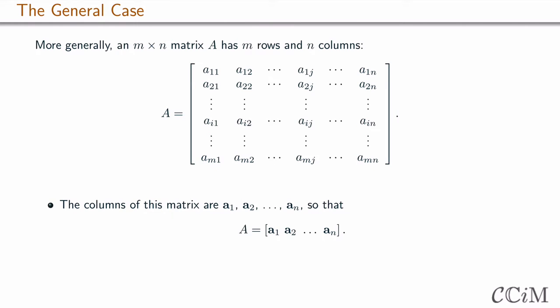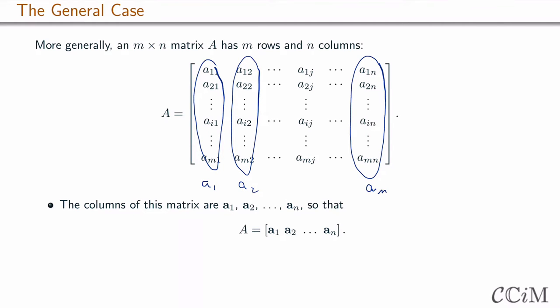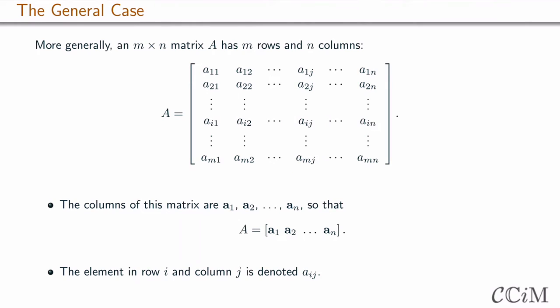The columns are also denoted A1, A2, and so forth through An. I also wrote down a column Aj right here. And so we could write down this matrix by simply listing its columns, A1 through An. Again, the element in the ith row and the jth column, that element in that particular location is called Aij.